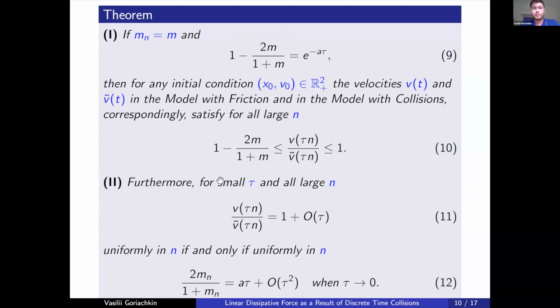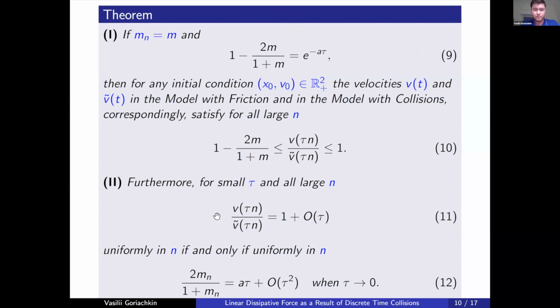And in this case, you can see that if we take a small parameter tau, so the time between collisions is small, then by equality 9, m will again be of order tau. So this lower bound, this fraction here, will converge to 0. So we again have asymptotic equivalence of v and v tilde.